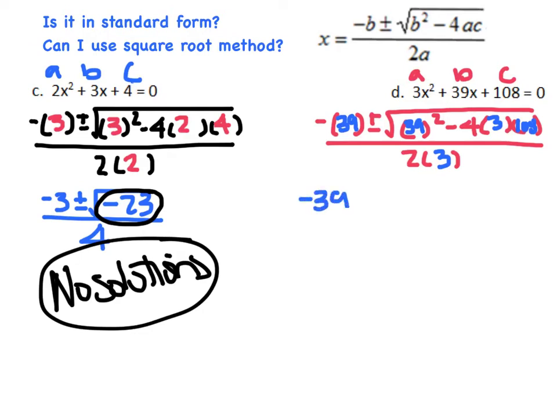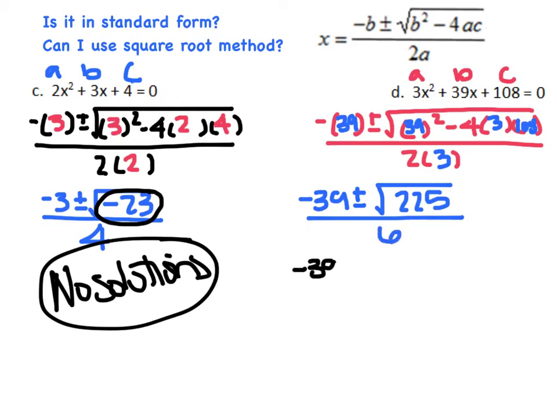I get negative 39 plus or minus the square root of. So when I do that all in my calculator, I end up with 225, all divided by 2 times 3, which is 6.